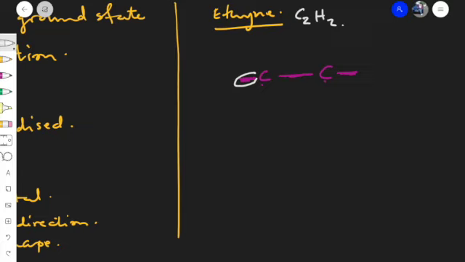We've got this orbital that is coming from this carbon, and these are going to be combined to form a bond, and then we have these orbitals that will look like this. And obviously we need to remember that there are electrons in there.